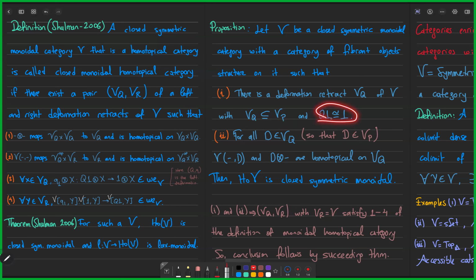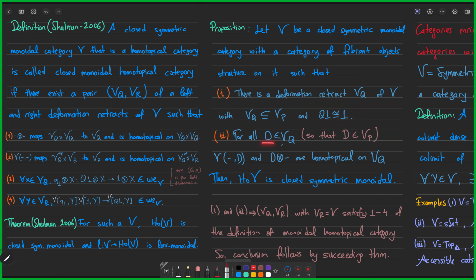This is a pretty strict condition, but remember the tensor unit was already pseudo cofibrant, so it's actually not that strong when you consider it.